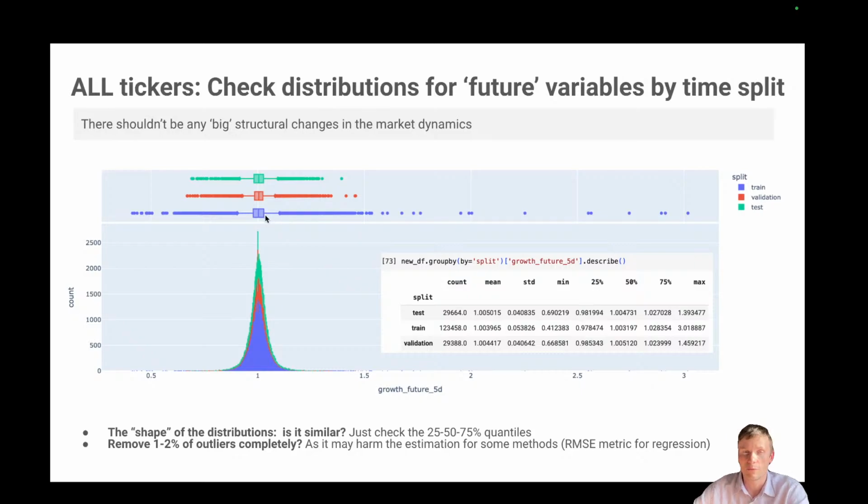And one additional thing that you may want to do here is to compare these bar plots. So this is 25, 50, and 75% quantiles just visually presented at the graph.